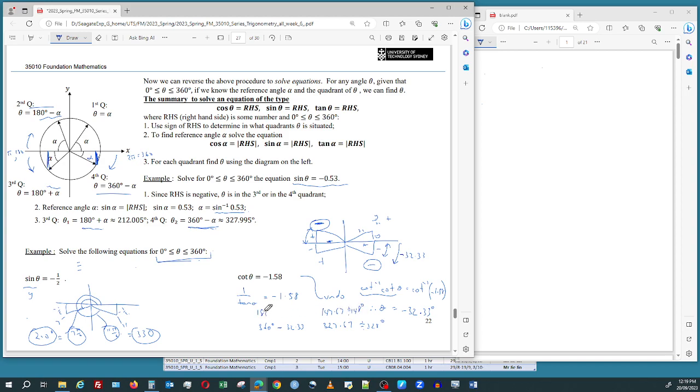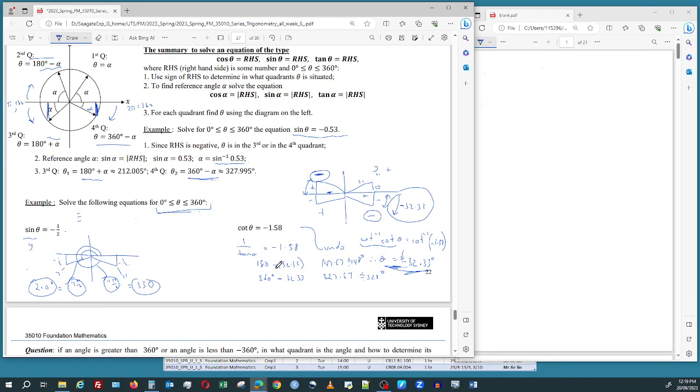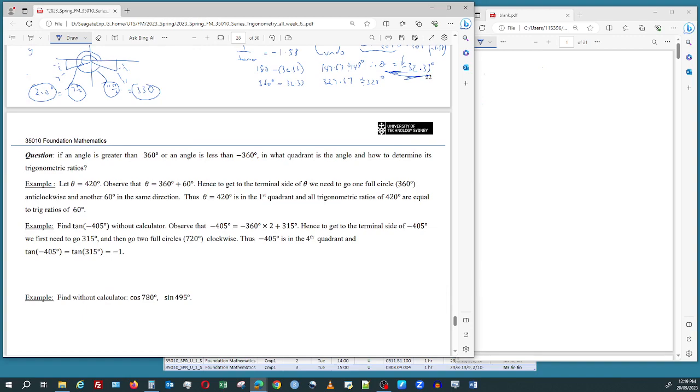That one's 180 minus 32, and again, the calculator will give you this calculation in terms of a negative. So just be mindful of that, okay? It'll give it as a negative angle. So these are equivalent, so you can put them in, do the cot of this, and it'll give you the same thing. Just check that out yourself.